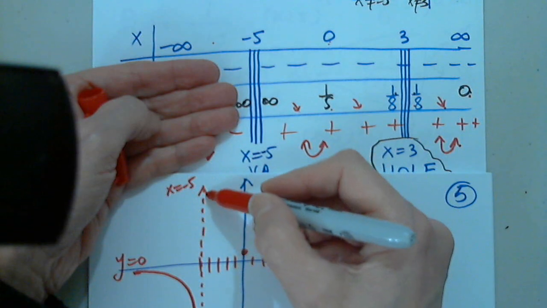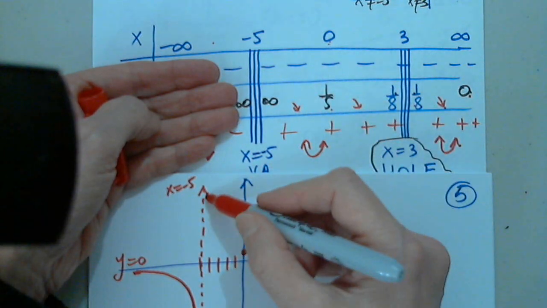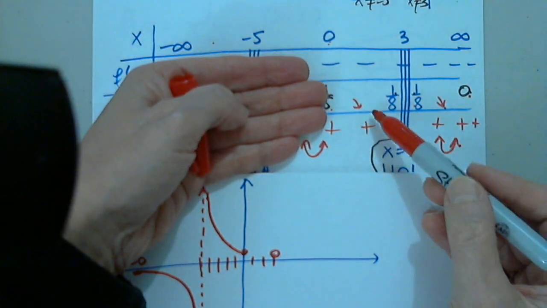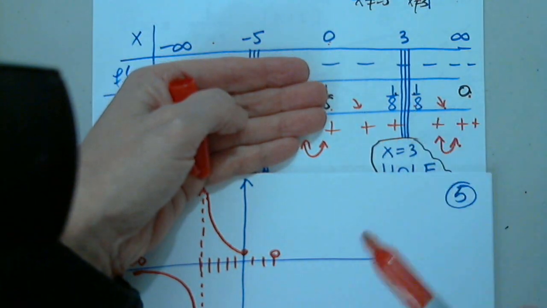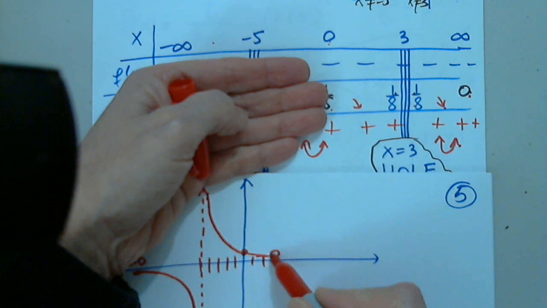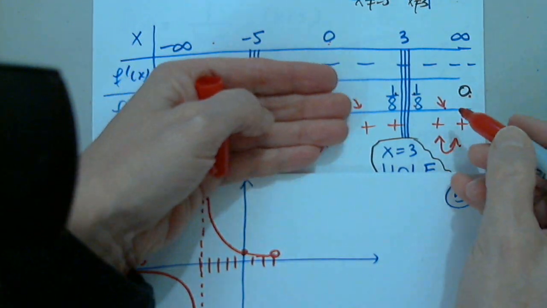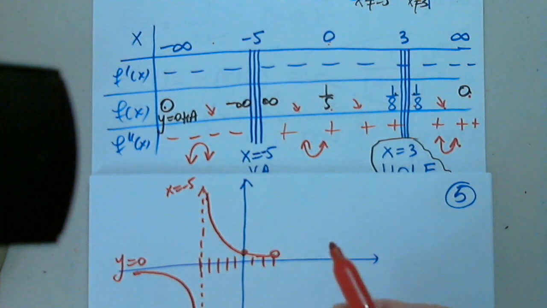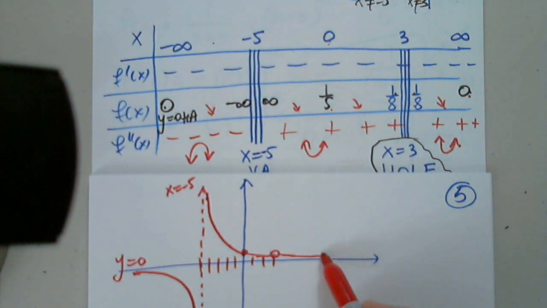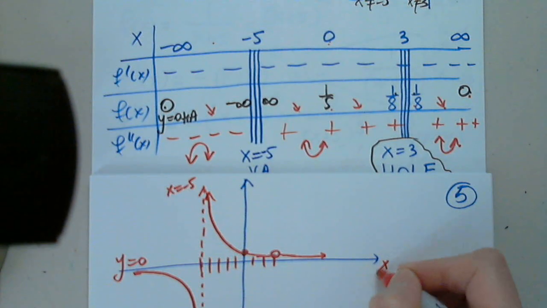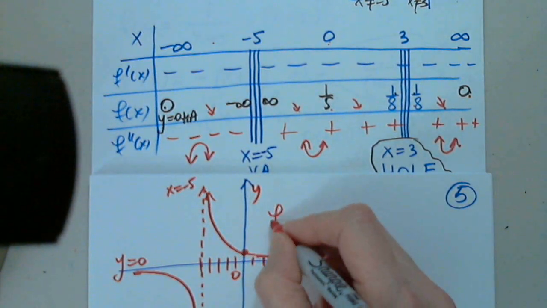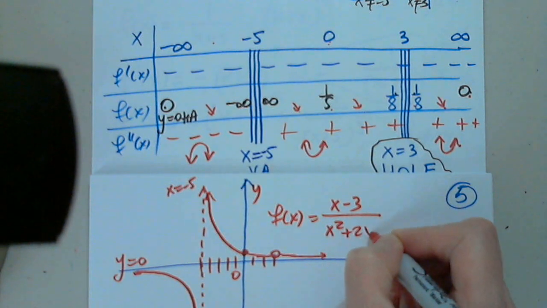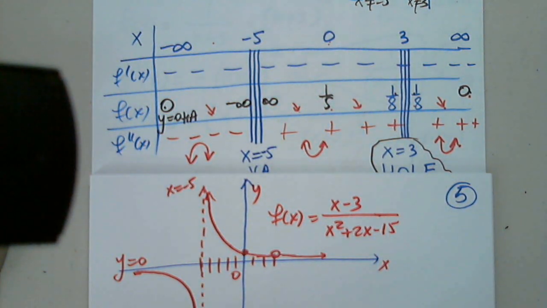Again, from +infinity, crossing the y-axis, continue to drop to this hole or open point in the graph, and then continues dropping, still opening up to the horizontal asymptote. And this is the graph of (x minus 3) over (x squared plus 2x minus 15).